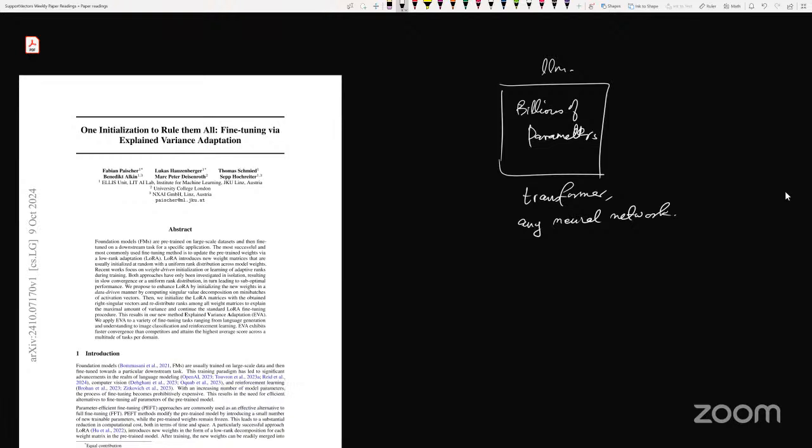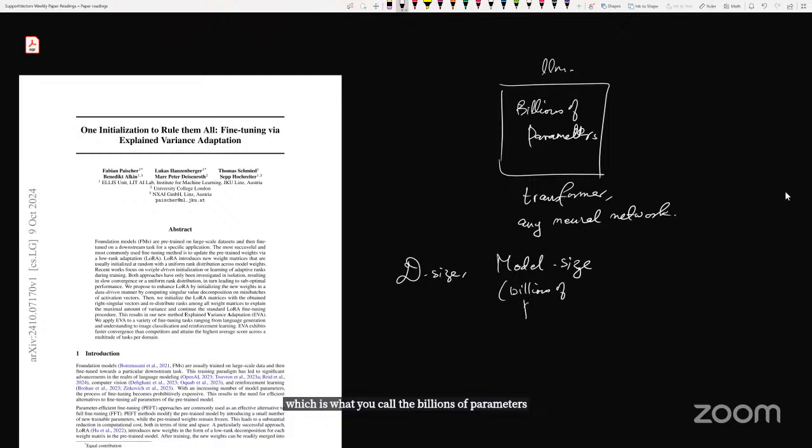We live in a world in which if you take a really large neural network and try to train it, then the neural scaling laws kick in. What does that mean? Well, these three things go together: the size of the data, data size, model size, which is what you call the billions of parameters, and how much compute you throw at it, compute size.